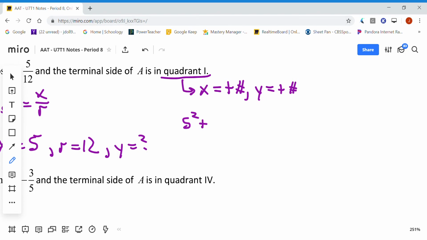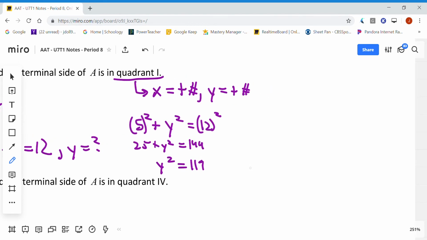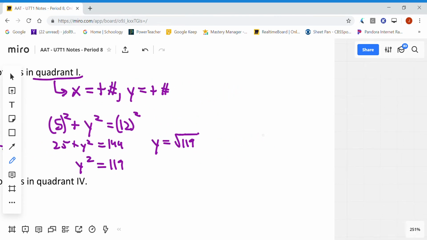So x squared, 5 squared, plus y squared is going to equal r squared, right? 25 plus y squared equals 144. Subtract here, what are we going to get? We're going to get 119. Take the square root of both sides, and y is going to equal the square root of 119. Notice, not negative square root of 119, just positive square root of 119. And we would expect you to simplify that radical, but the square root of 119 is fully simplified, so we don't need to do any work there.